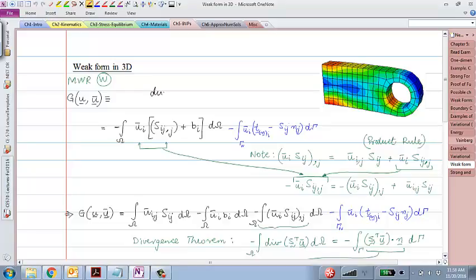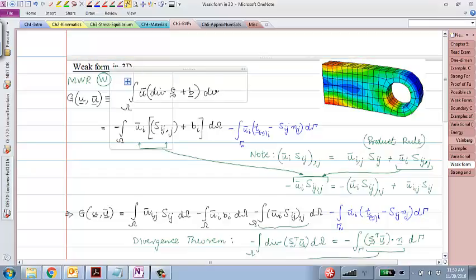You just write the governing differential equation, divergence of S plus body force, that's the left-hand side of that equation. Multiply that with u bar, integrate it over the entire domain of the problem, dV. Okay, and I'll add the boundary term.